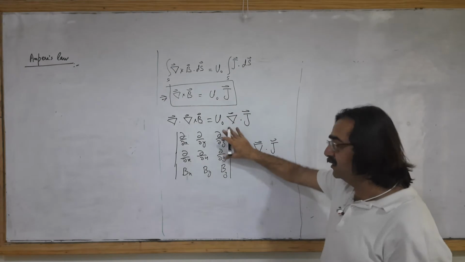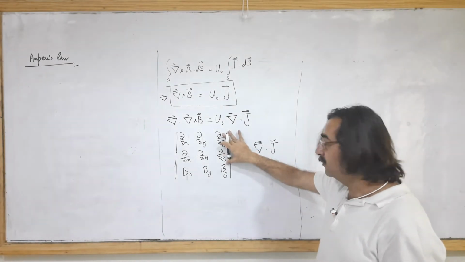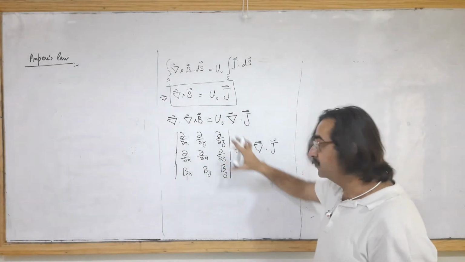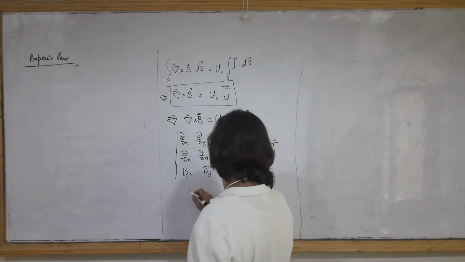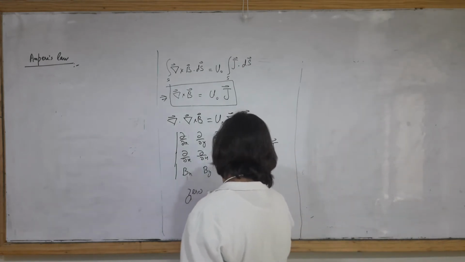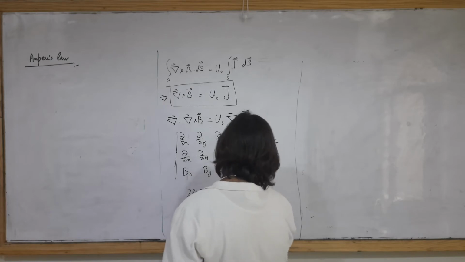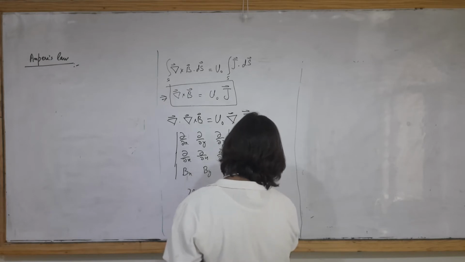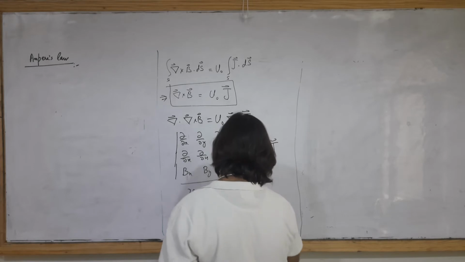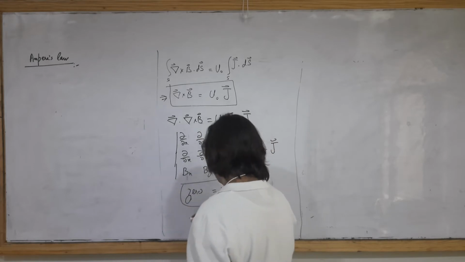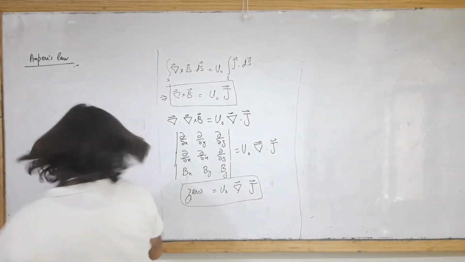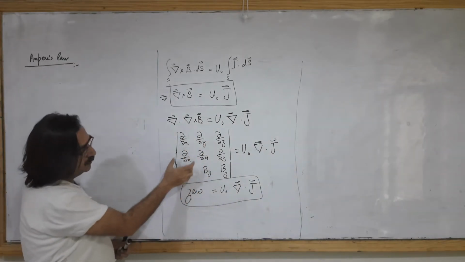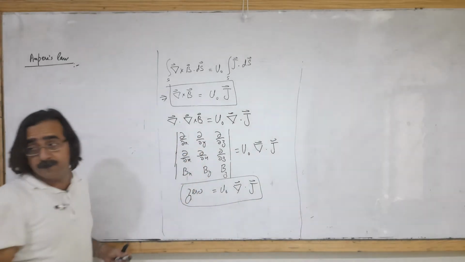Yes, because two rows are the same, the left-hand side will be 0. Why is it 0? Because the two rows are the same.